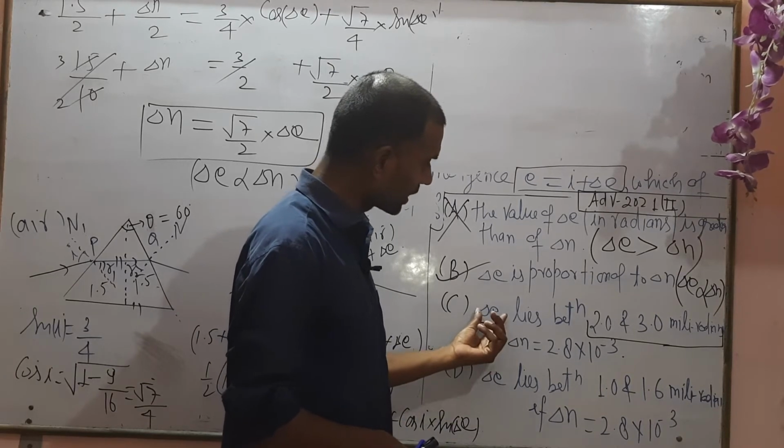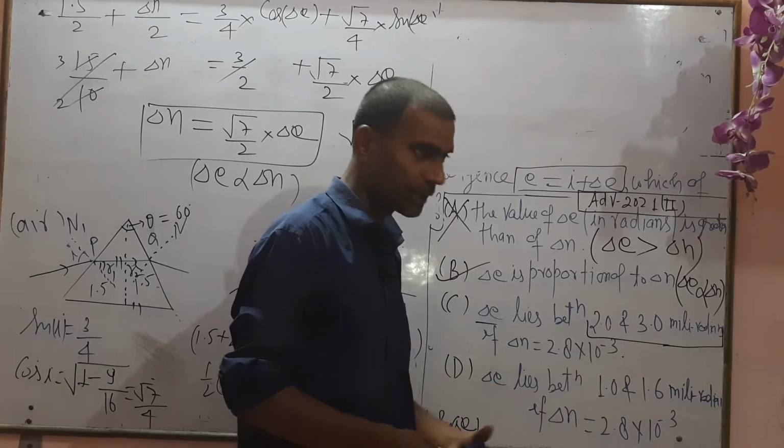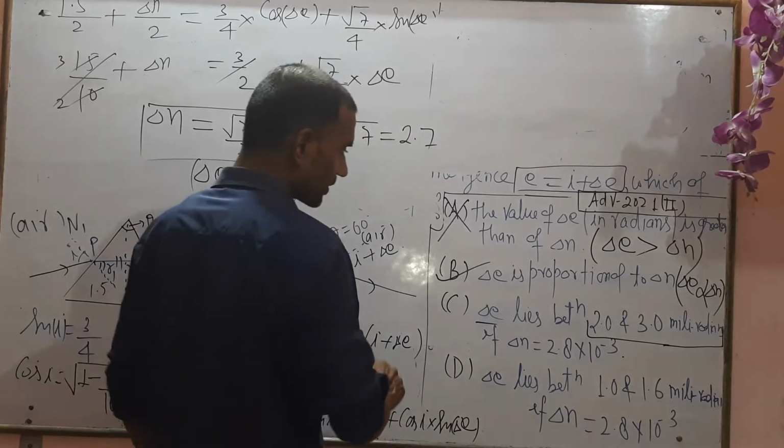Option C says delta E lies between this range. Then try to solve with this point.